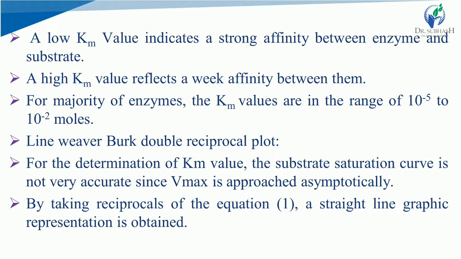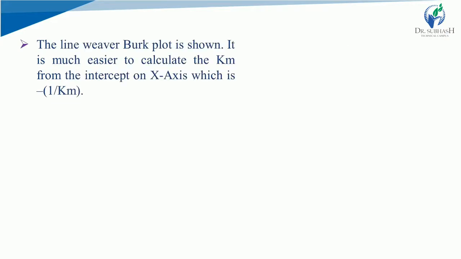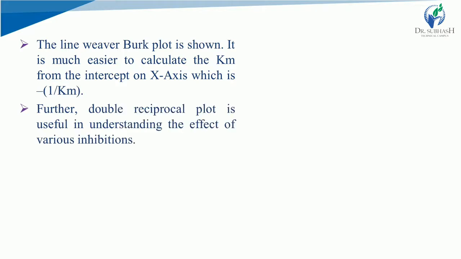If you consider that equation, you will get a straight line graphic representation. The Lineweaver-Burk plot is shown. It is much easier to calculate Km from the intercept on the x-axis, which is minus 1 divided by Km. Further, the double reciprocal plot is useful in understanding the effect of various inhibitions.